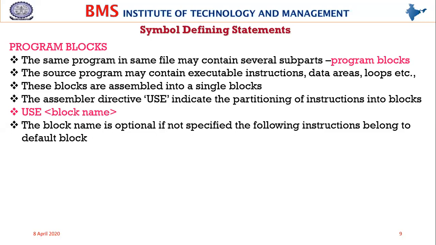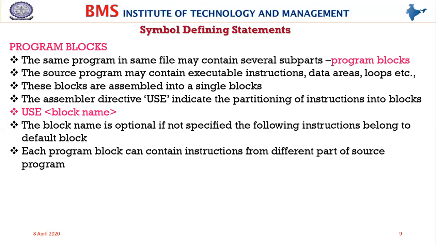As I told you, by default you will have one block, and you can create any number of blocks by specifying USE with a new block name. But when I use the USE directive without any block name, it indicates that these instructions should belong to the default block of the program.